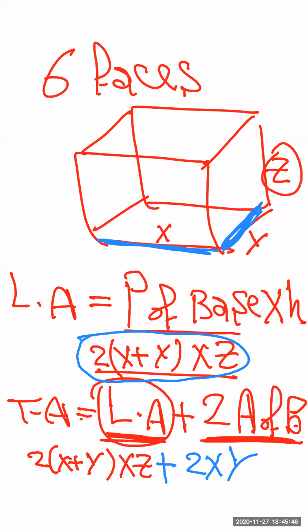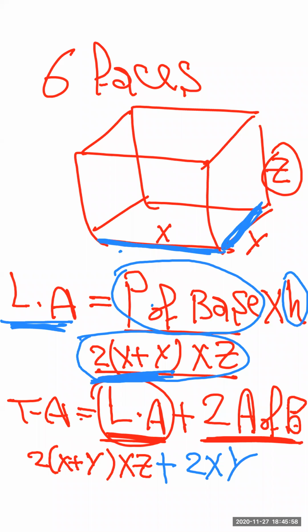So let's continue, guys. Again, we said that the lateral area equals perimeter of the base times height. Perimeter of base, it's a rectangle, so x plus y times 2, times height, which is z here. Are we clear till now? Yes, clear.